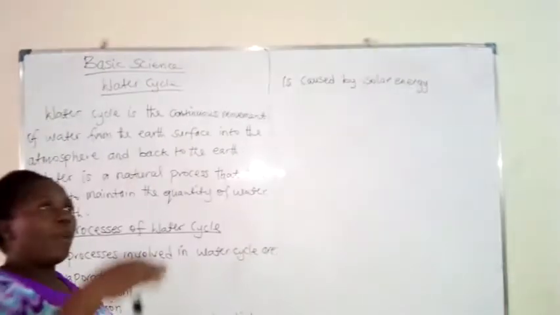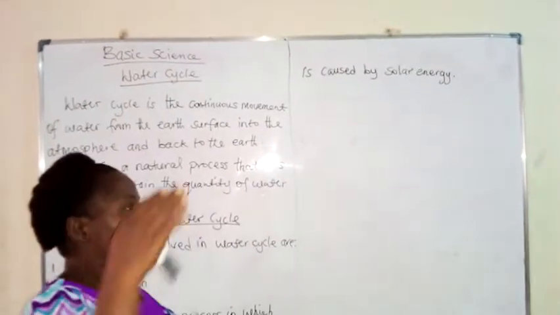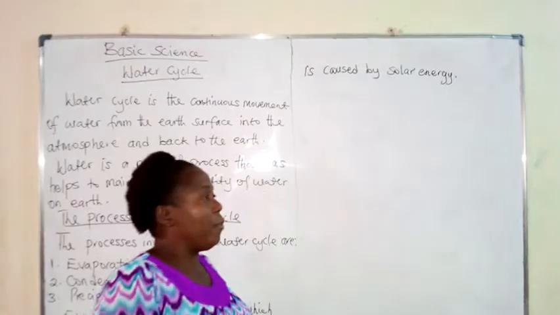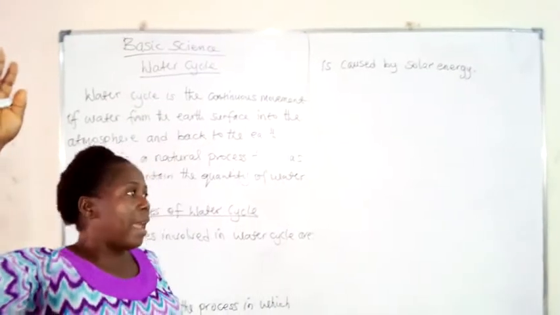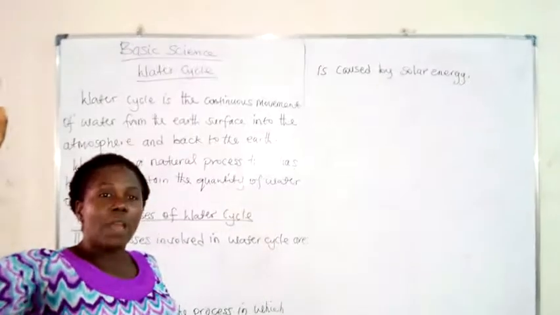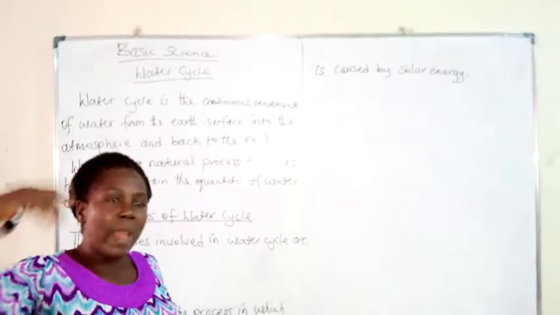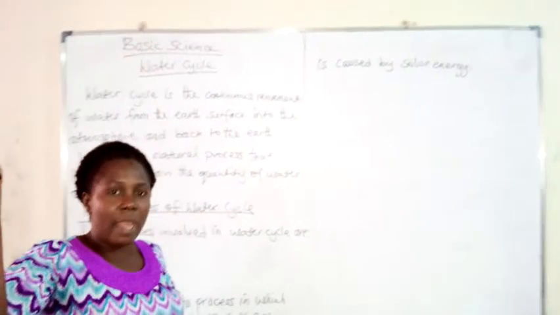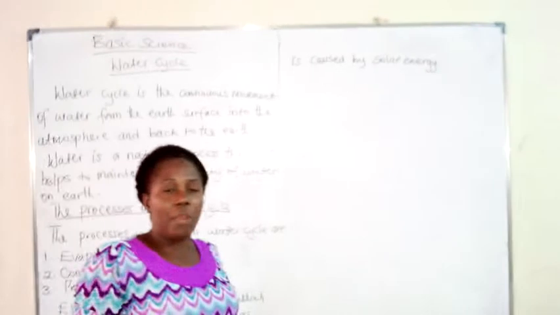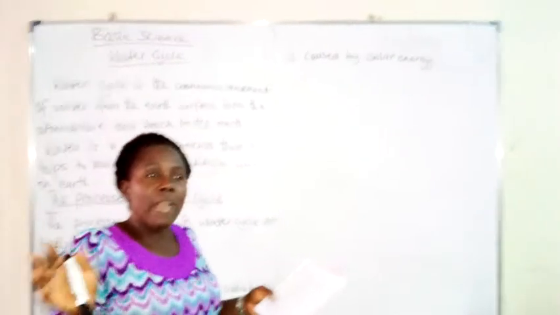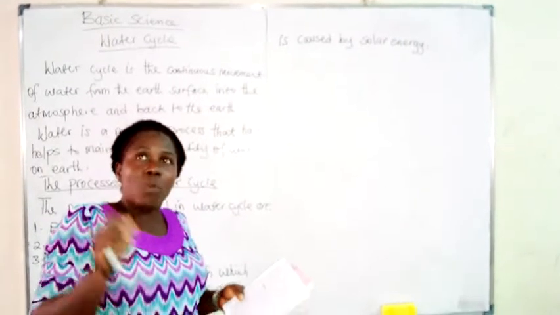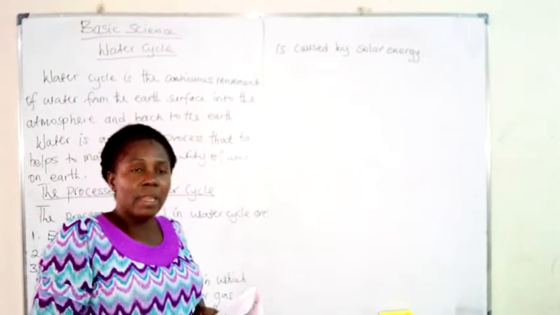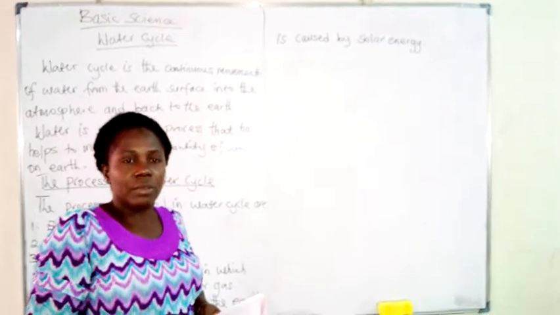When the vapor goes into the air, it meets a polar body because we've been made to understand that the higher we go up into the atmosphere, the colder we will feel. So when the vapor rises into the air and meets the polar body in the air, the vapor now turns back to liquid. And that liquid is what we see in the sky as cloud.